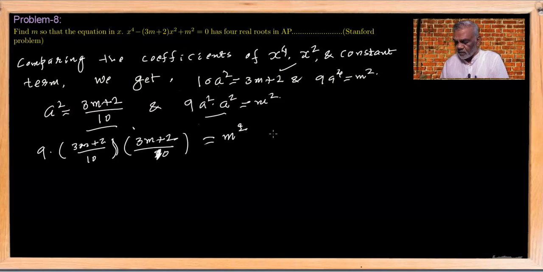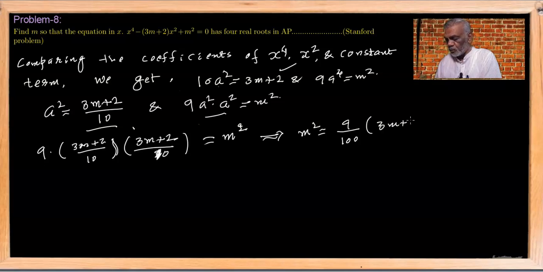That we can write here m square equal to 9 by 100 into (3m plus 2) whole square.